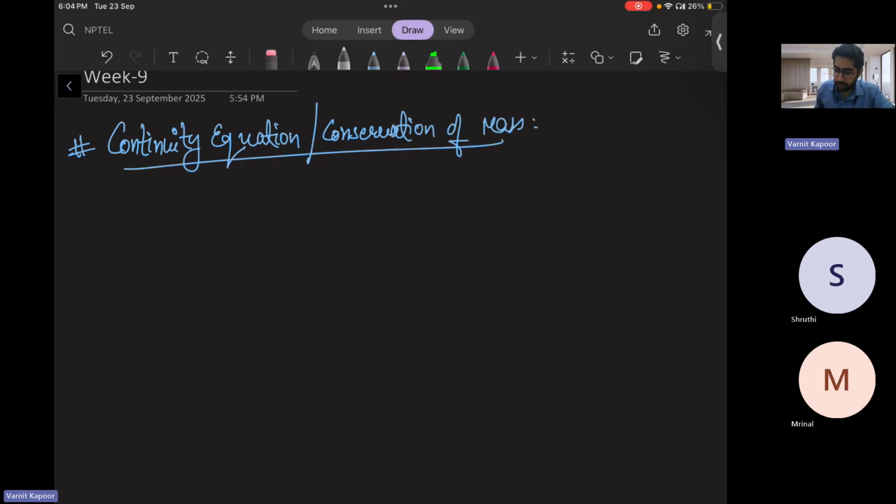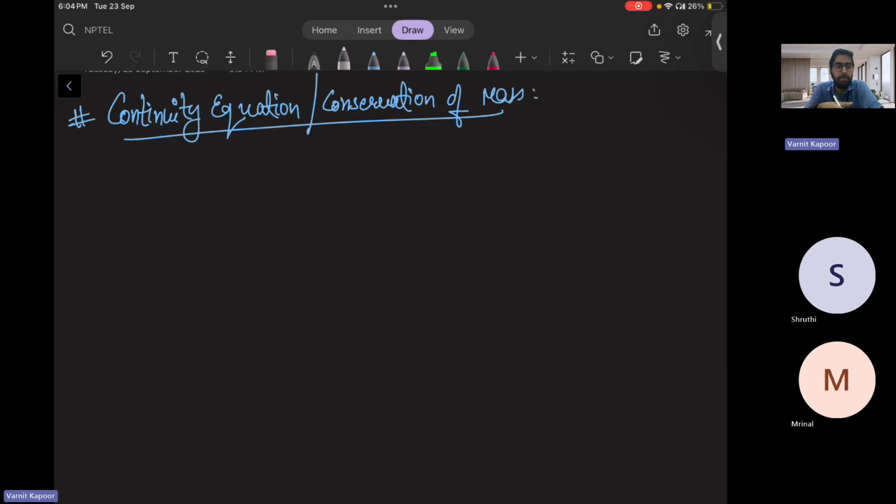As per this, what does it state? The mass of the system should always be conserved. Whatever mass enters into the system should be equal to whatever mass has left plus whatever mass has been stored.